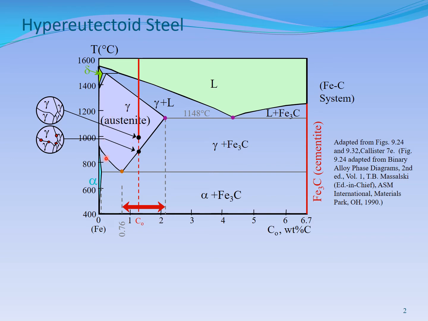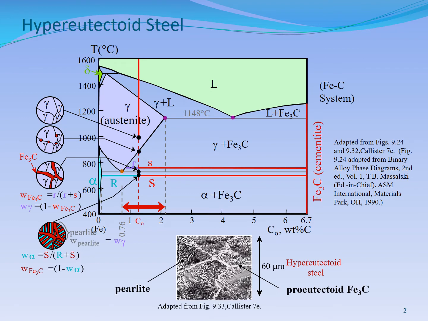When you were here, you were interacting with alpha. This time you are interacting with gamma and cementite. So cementite has started to form. More cementite, right? And all this cementite which is formed above 727 is the pro-eutectoid cementite. And once it hits the line, all the remaining gamma is converted into perlite.